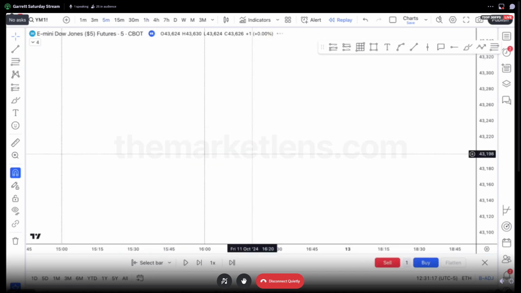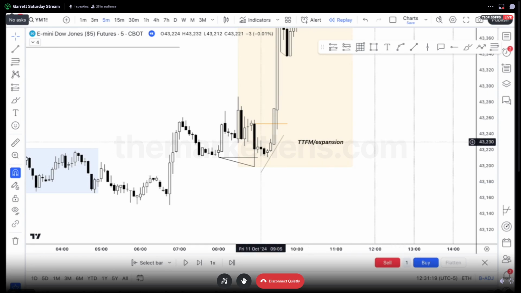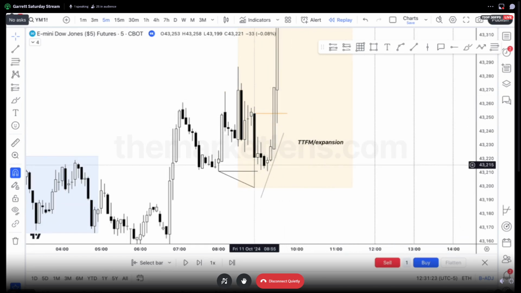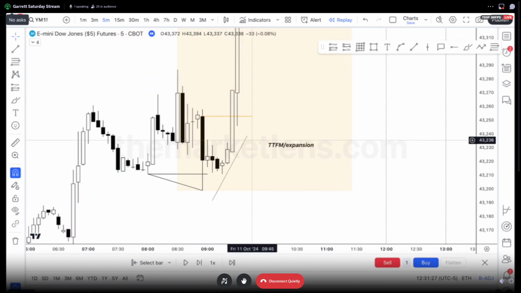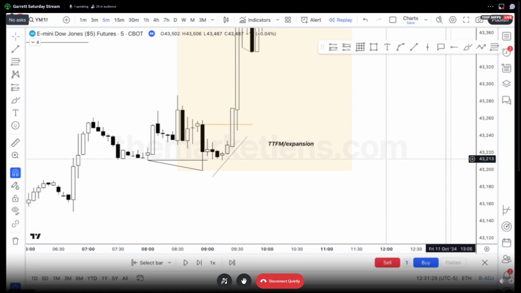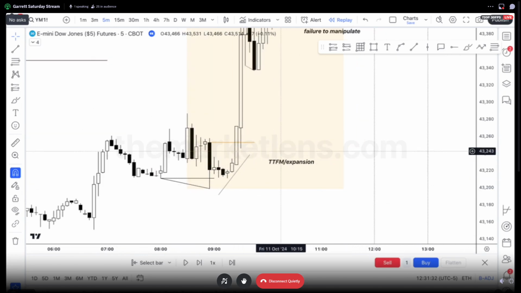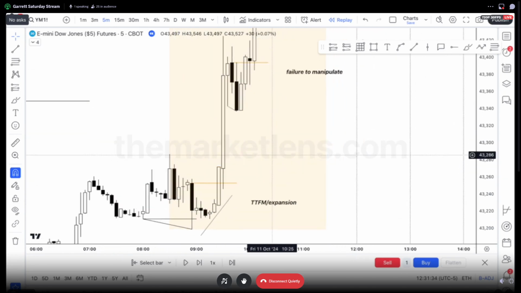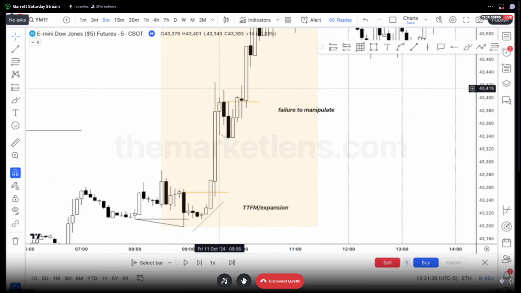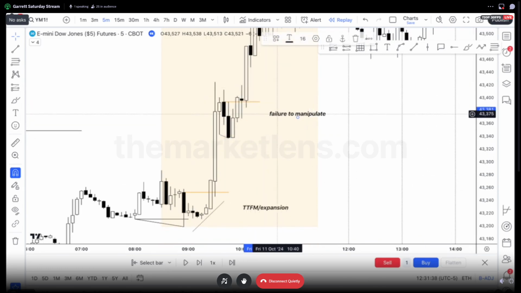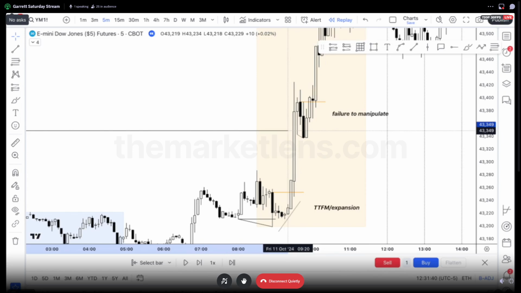The low is SMT. And we have 9:30 creating the validation of this manipulation. So pairing a driver with manipulation, we also form an SMT here. So really it's expansion model and fractal model at the same time, right? Same thing. And then you have continuation of that as well up here, right? We're failing to manipulate this high, right?